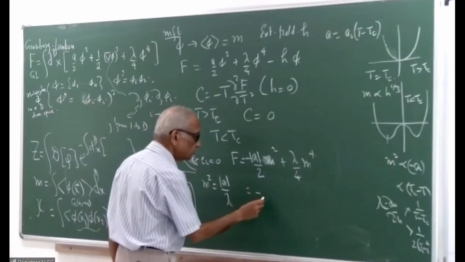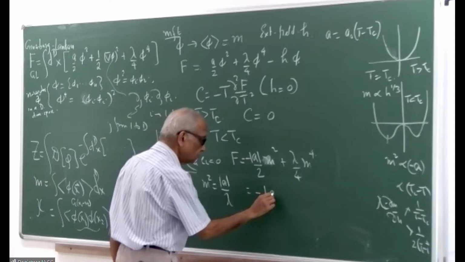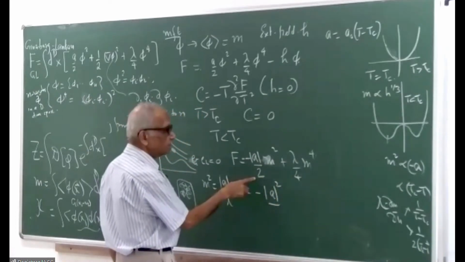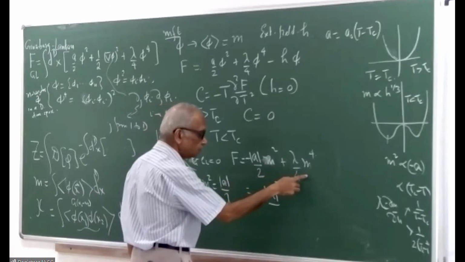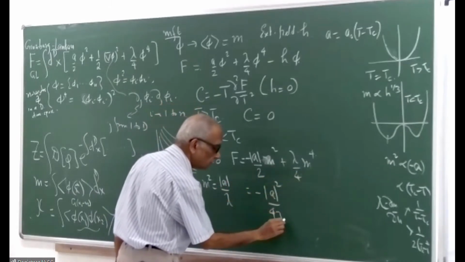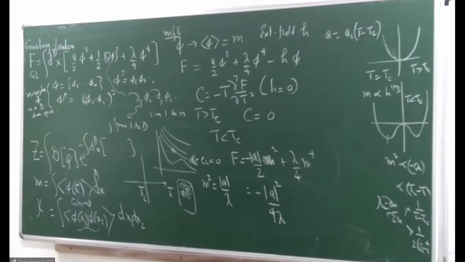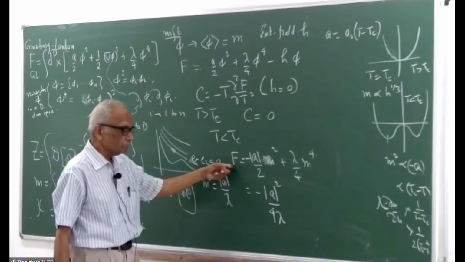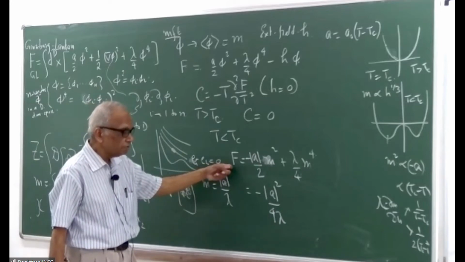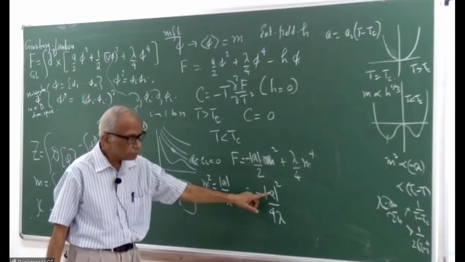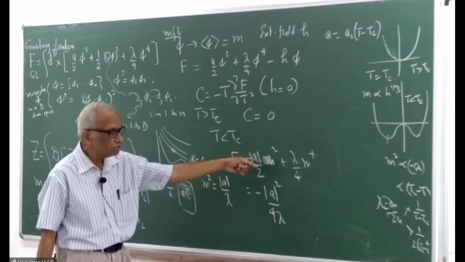And then it is minus mod A square over, I pick up 2 lambda over here, I pick up plus 4 lambda over here. So the answer is going to be minus mod A square over 4 lambda. So this is the free energy below Tc. But this is proportional to T minus Tc square.